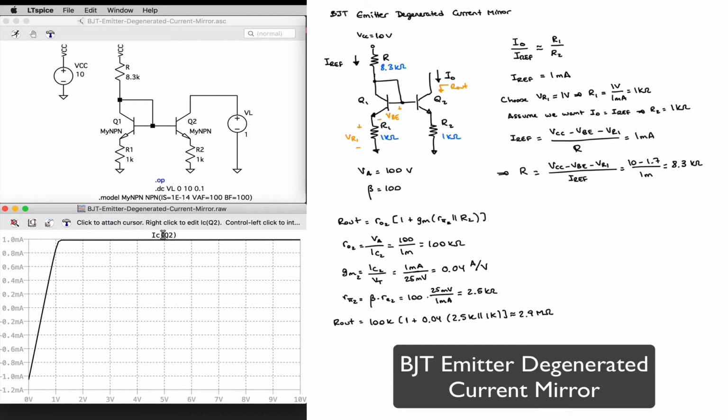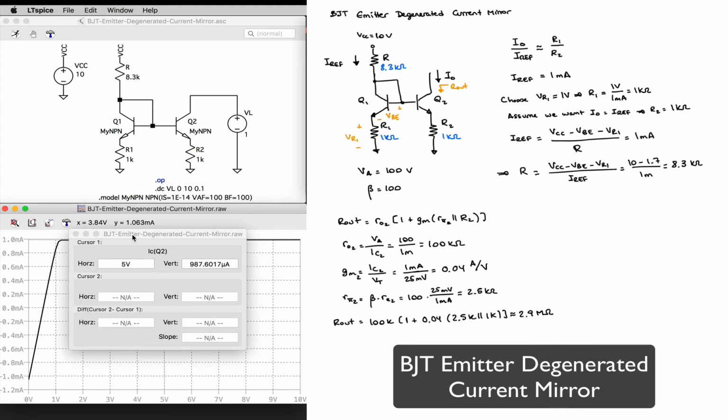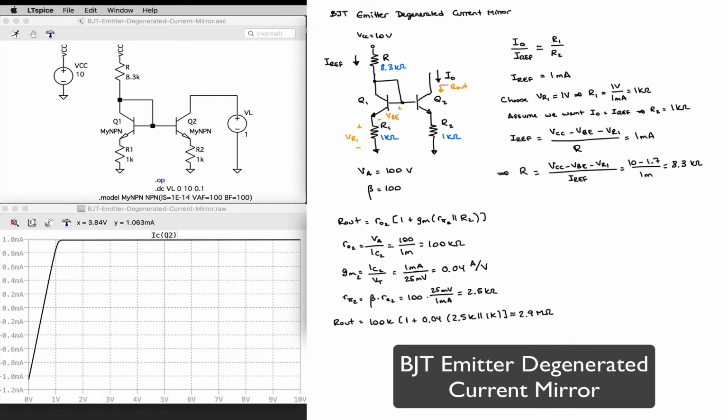I'll touch my cursor. In this case, I'm going to run it from 2 volts instead of 1, just because at 1 volt I can see that I'm out of compliance. So I'm going to run it from 2 volts all the way to, take the other cursor, all the way to, oops, that's the original cursor.